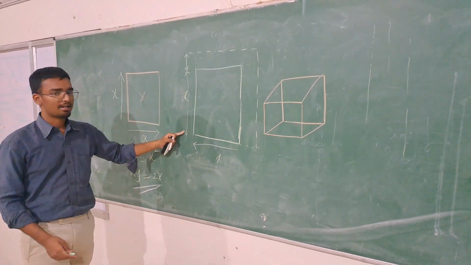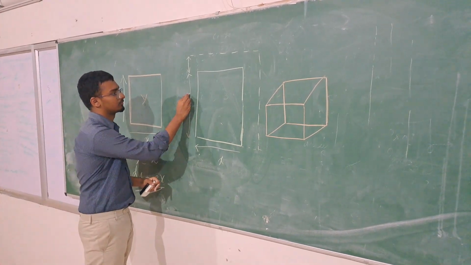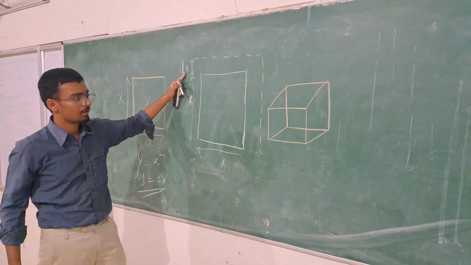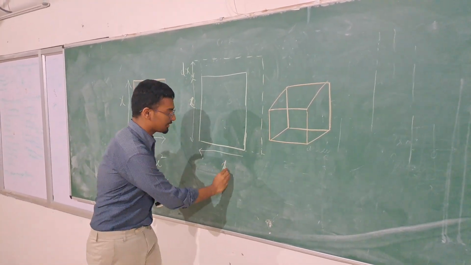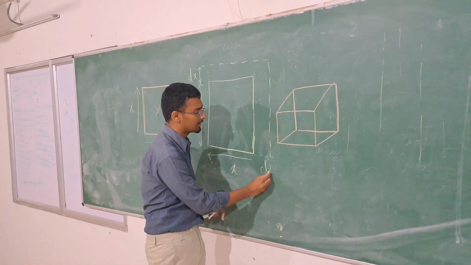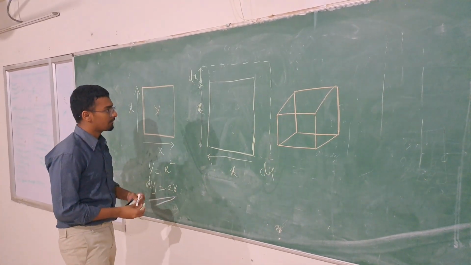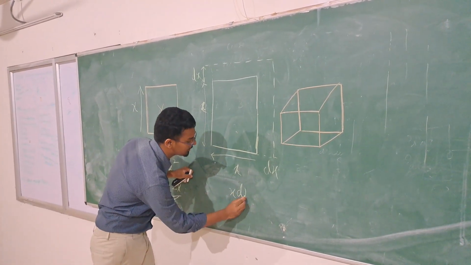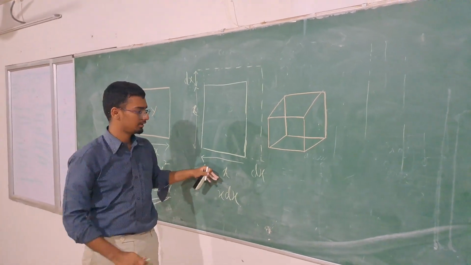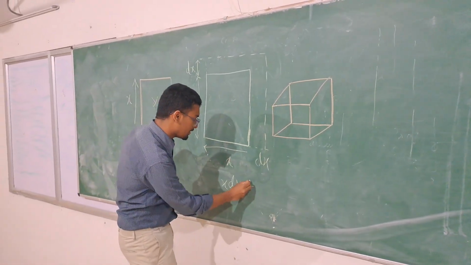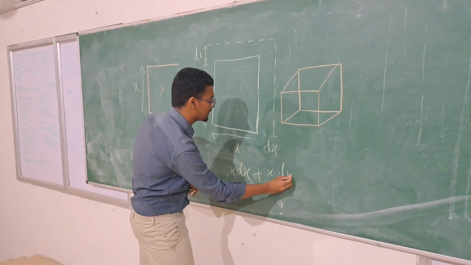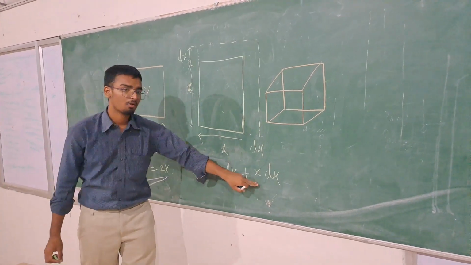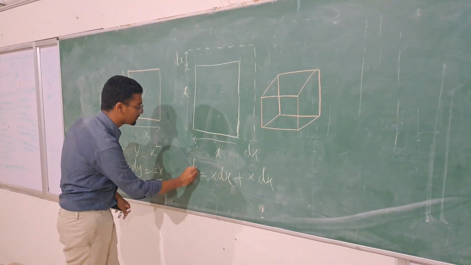So this side I have mentioned as x, and the above dotted lines are denoted as dy. Same for these edges, x and respectively dx. After multiplying these two terms, x dx, and the bottom side plus x dx, this is the elaboration of the dy term.